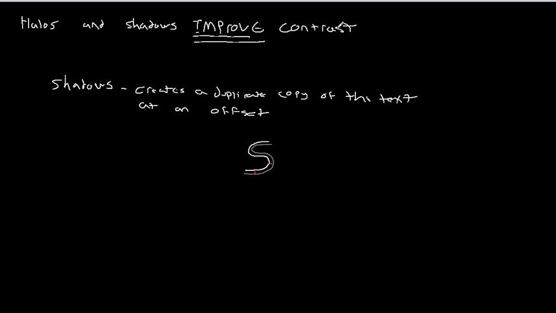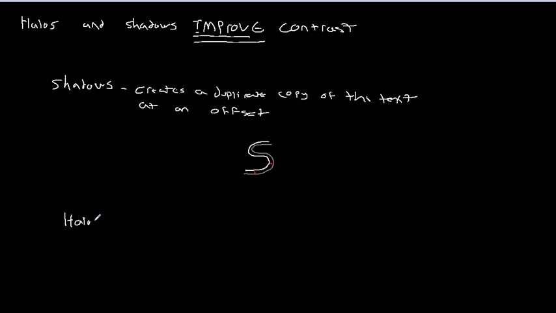And I'm going to show you some examples here in just a second to illustrate the need of shadows and halos and why you would use one over the other. So again, shadows basically create an exact copy of the text that's just slightly offset so that it almost creates what happens when you stand out on a sunny day and the sun helps you cast a shadow. That's exactly what we're doing here. We're shadowing the letter. So that's shadows. Creates a duplicate copy at an offset.